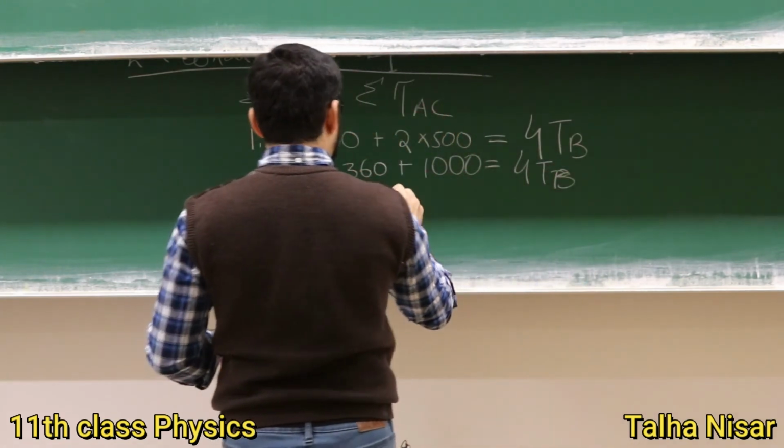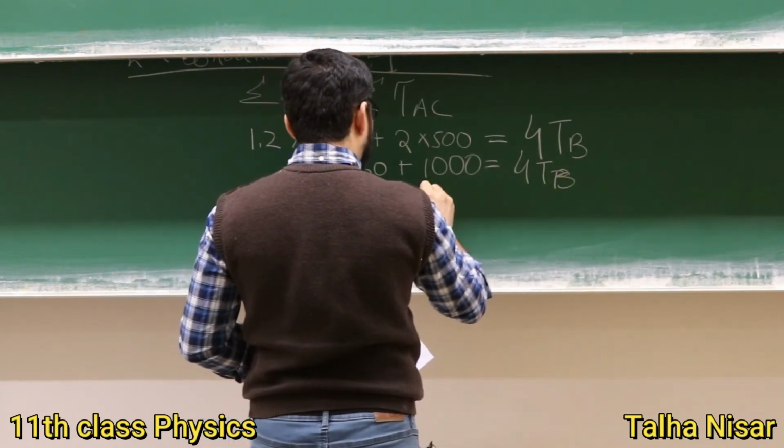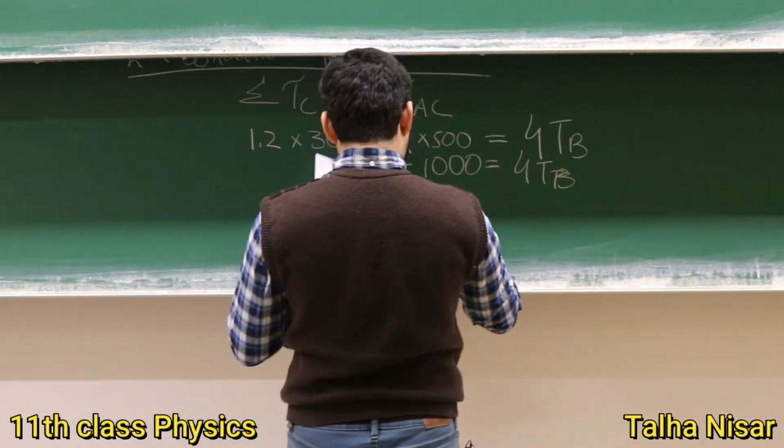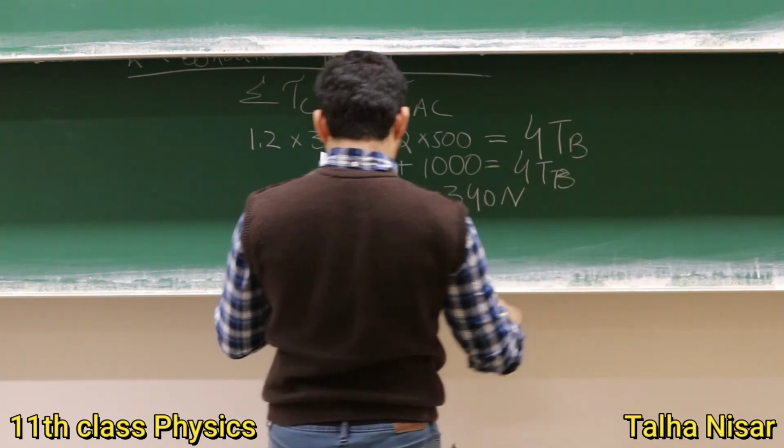From this equation we get TB equals 340 newtons.